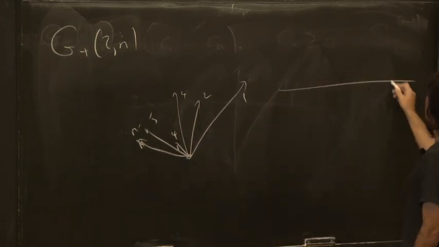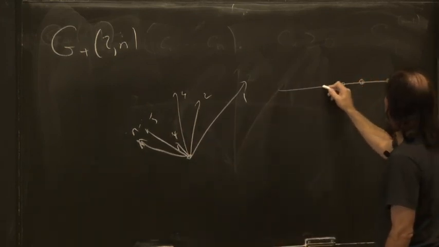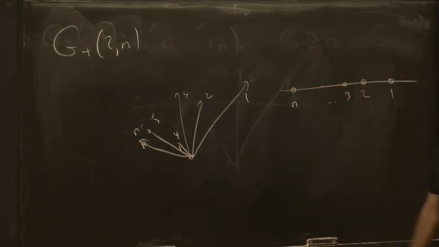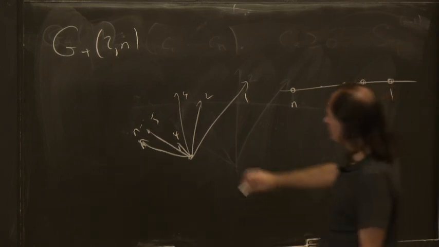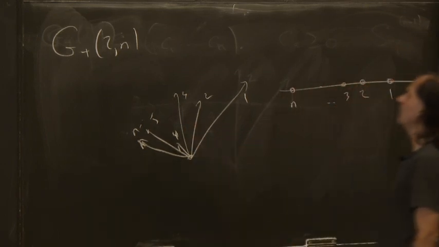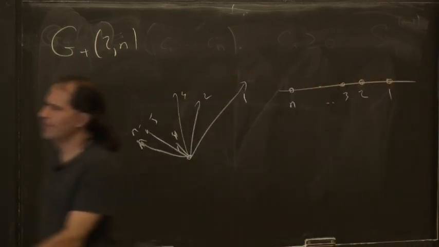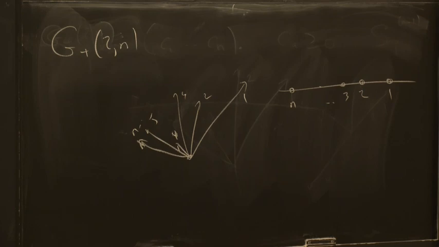Or I can draw one of these pictures, 1, 2, 3, up to n. But let's now look at the one higher dimensional example, just to get some more intuition for what's going on. So I want to look at what G3n looks like.